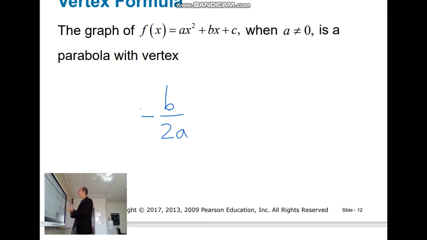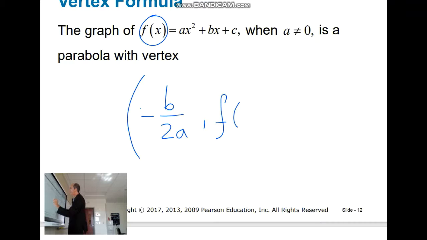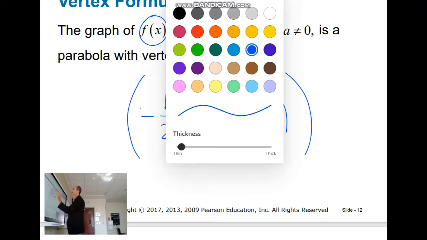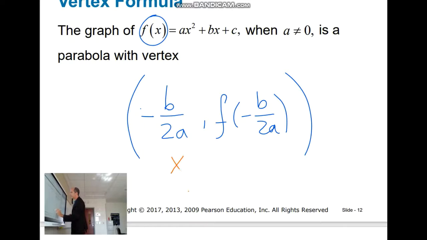This is the x, and to find y, you plug negative b over 2a into the function. So y is going to be f of negative b over 2a. These are the x and y coordinates of the vertex.